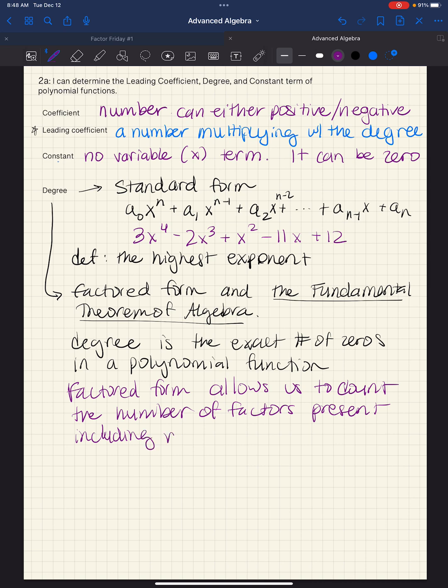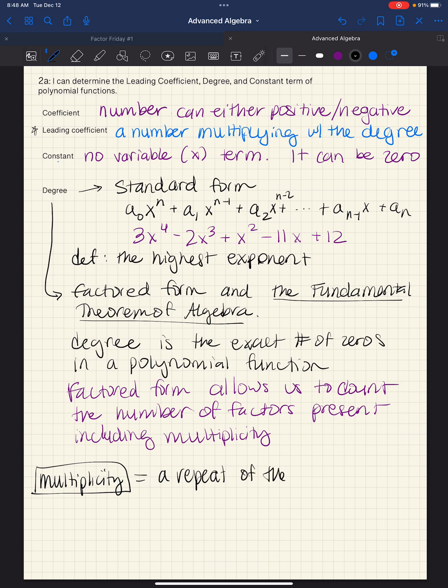Remember, multiplicity is basically the repeat. I guess that's one more we should define. Multiplicity: a repeat of the same factor.